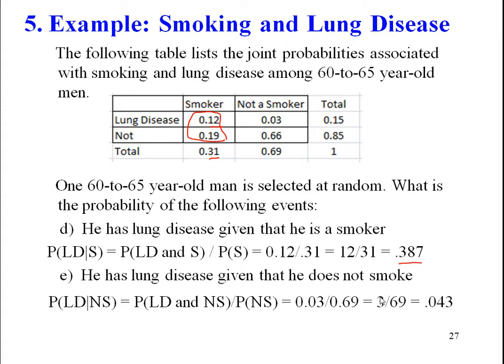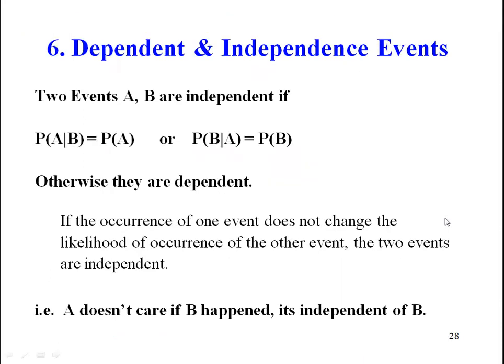Or you can look at it as 3 out of 69, right? And it's almost 4%. So the probability of lung disease given a smoker is 39% versus 4%. What's the moral of that story? You got it. Don't smoke. Another lesson for that. Okay.